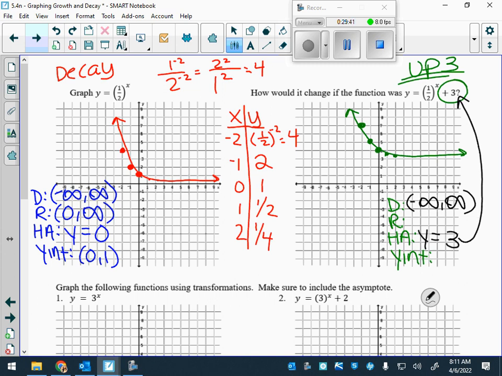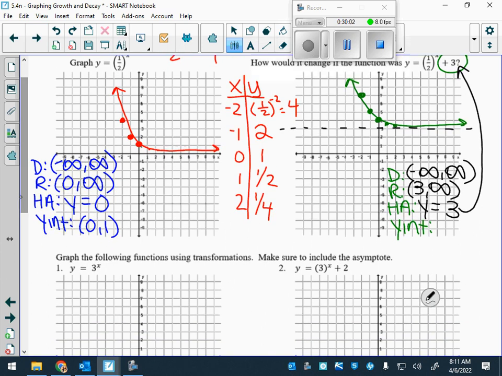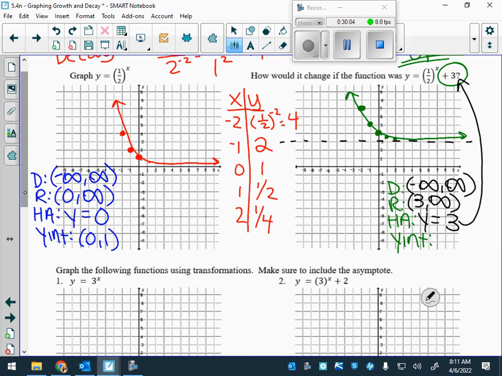Okay, your horizontal asymptote now is y equals 3. So if I know that, what is my new range? Excellent. 3 to infinity. Okay. So now, our y-intercept is what? Go ahead, Em. 0, 4.